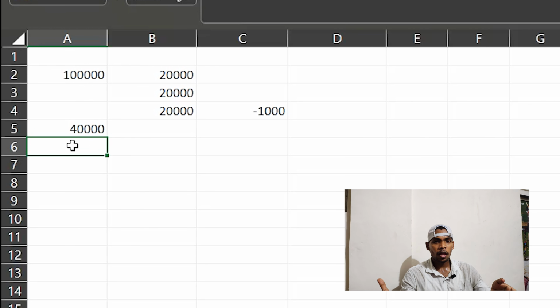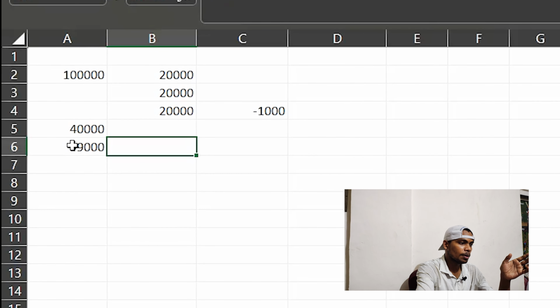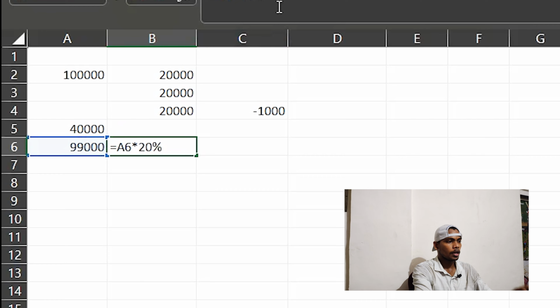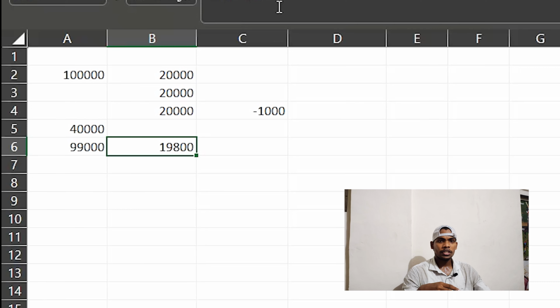Since I booked my loss, I will reduce my overall capital to 99,000. From this 99,000, I will calculate my position sizing. Now it comes to 19,800. That loss gets subtracted from my overall capital and I calculate the position sizing based on it. So you can see what is happening here.